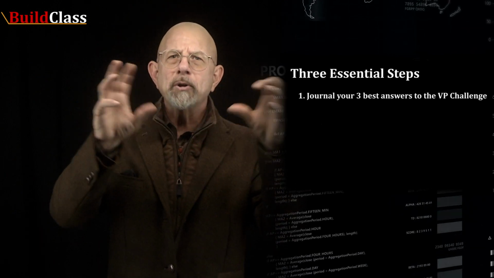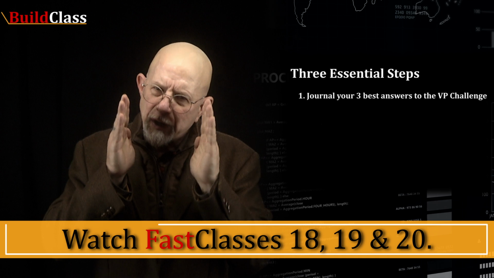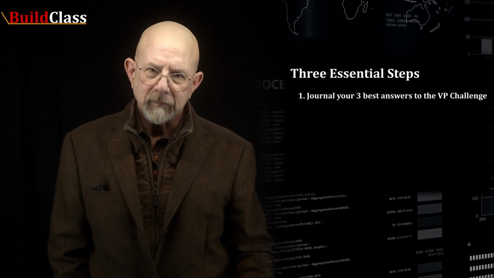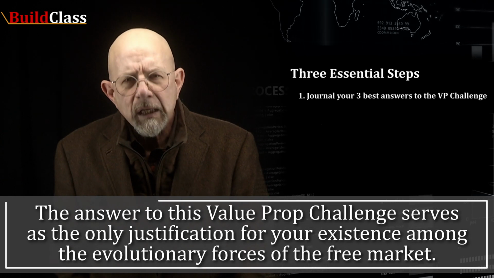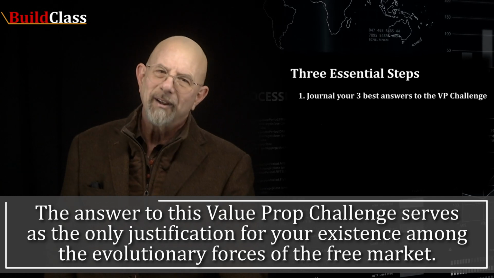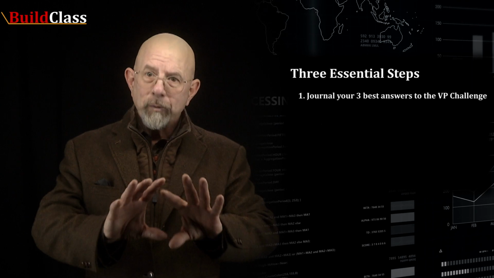If you don't know the importance of that question, watch Fast Classes 18 and 19 and 20. But for now, just try to answer it in your own words. The answer to this question is the only justification for your existence among the evolutionary forces of the free market. So it's important. Get all 3 answers down.